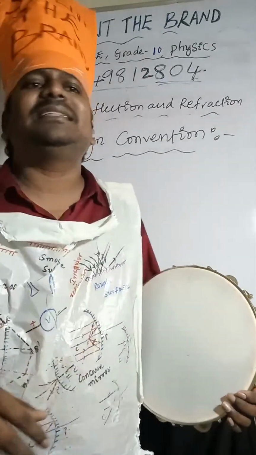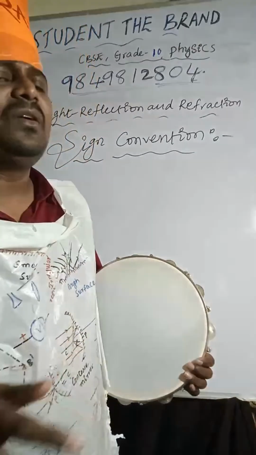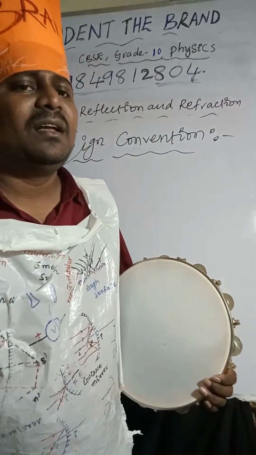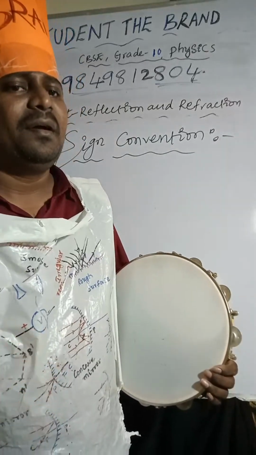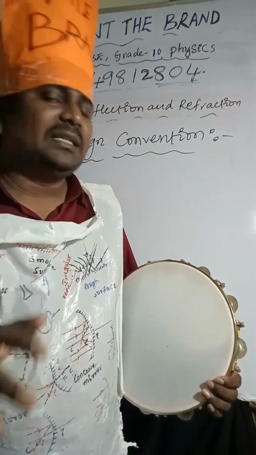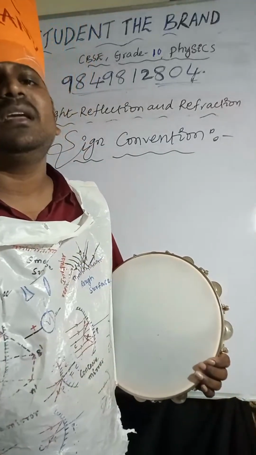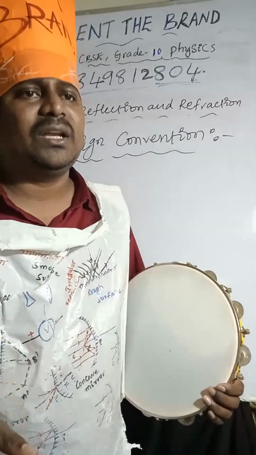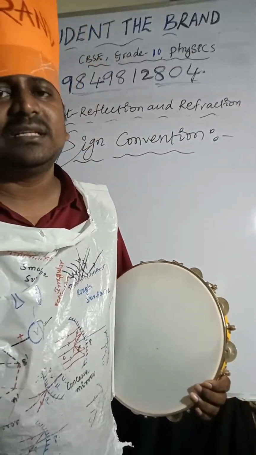New Cartesian sign convention. All distances measured from the pole. Distance positive along the incident trace. Distance negative opposite to the incident trace.